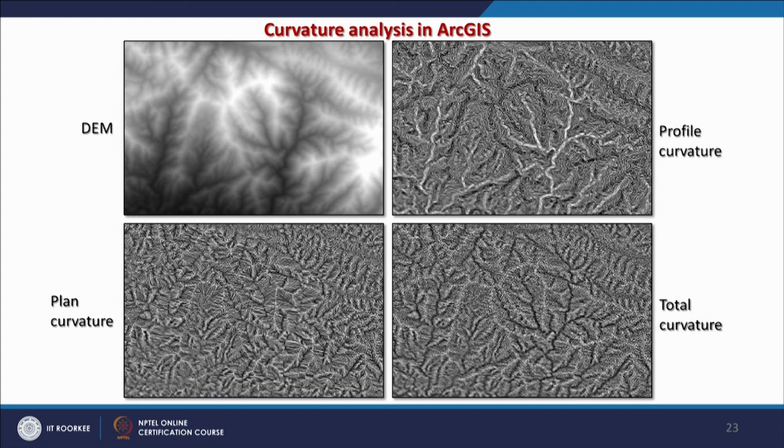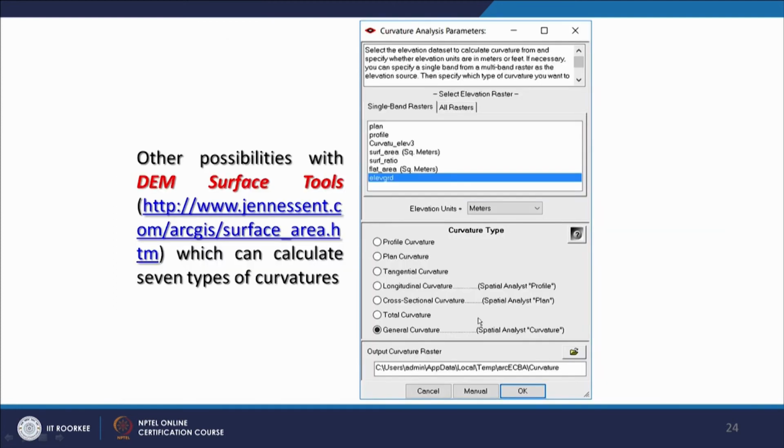On that model these three things have been performed using GIS software called ArcGIS, ArcMap, and this is the input digital elevation model. Profile curvature is like this, plan curvature is like this, and total curvature, this is what we are seeing, for individual cells.